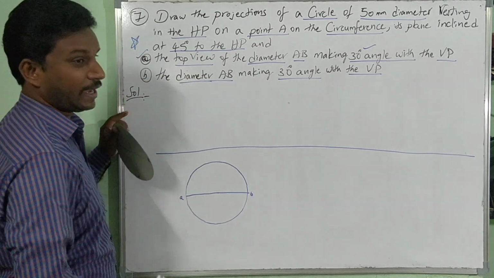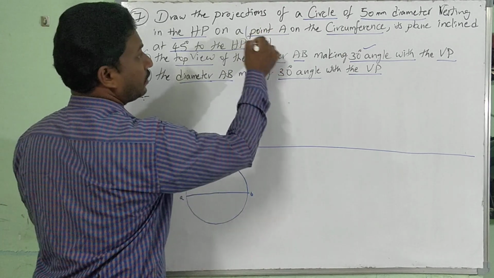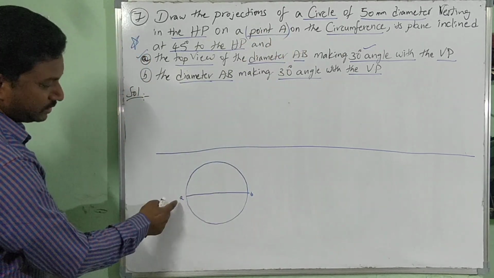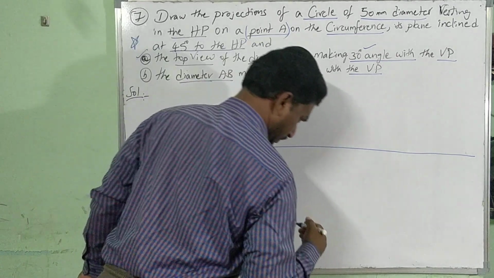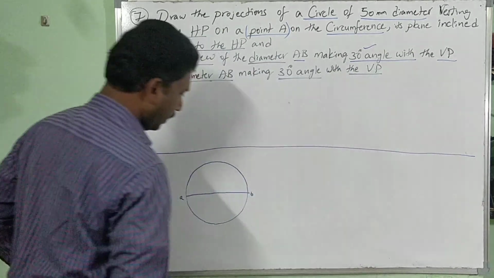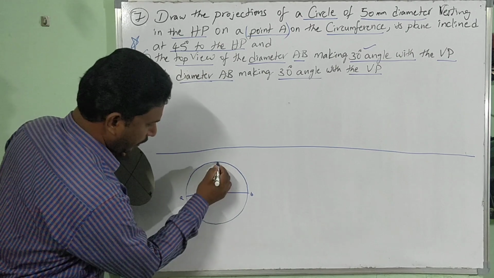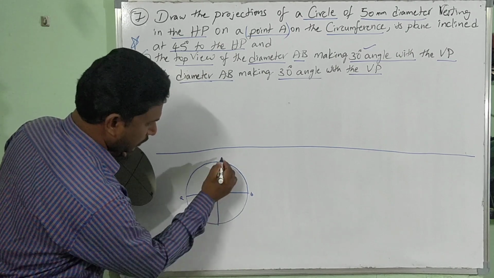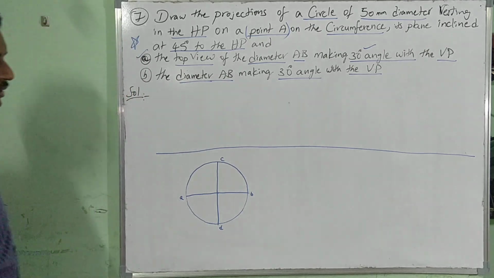With this diameter, keeping these numbers fixed. Why? Because he is telling point A on the circumference. You should take point A on the circumference. Later, I am taking one more diameter in vertical position. Let me call this CD, two diameters, AB and CD.